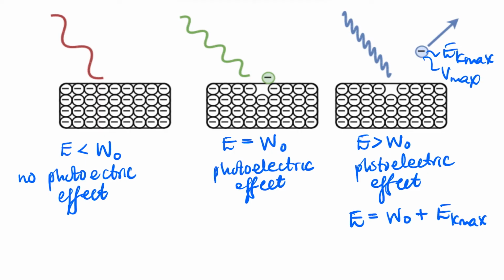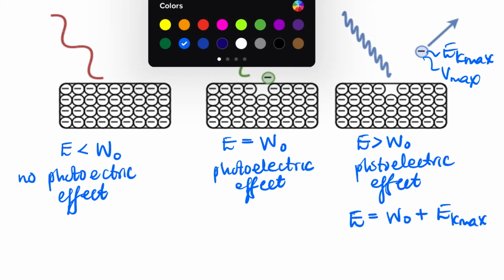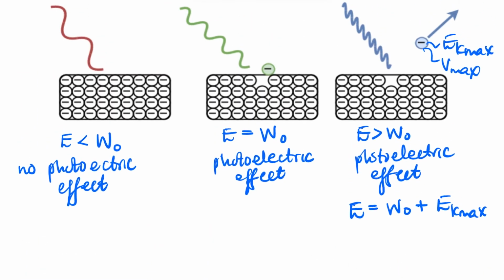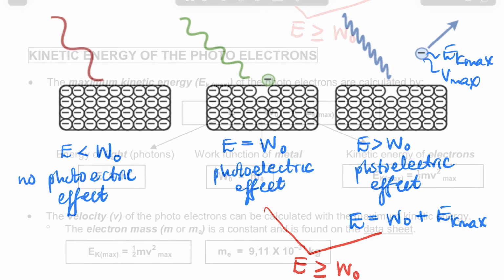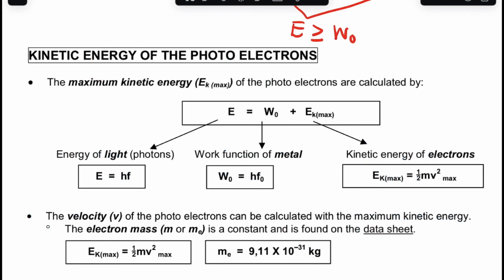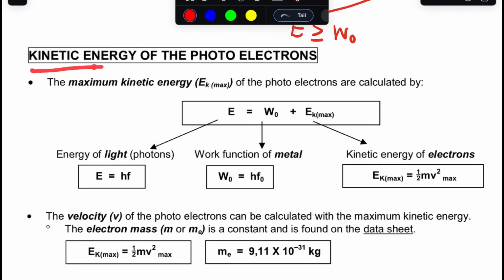So the photoelectric effect occurs when the energy of the incident light is equal to the work function, or greater. We can summarize by saying the photoelectric effect occurs in two cases, when the energy is greater than or equal to the work function. Now the formula to calculate the kinetic energy of photoelectrons.